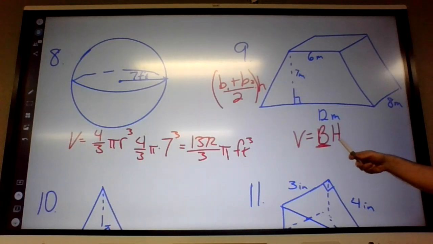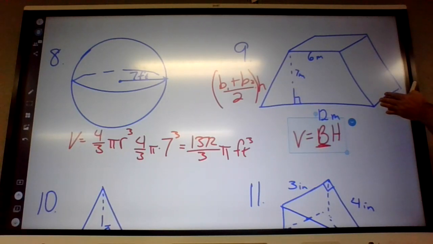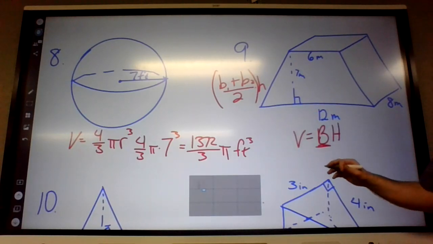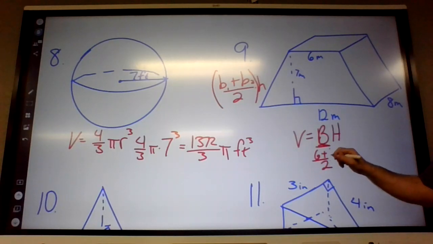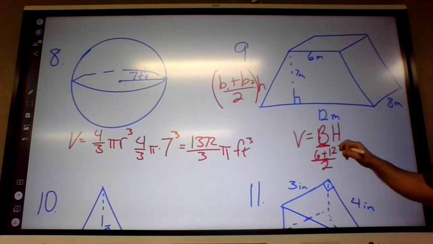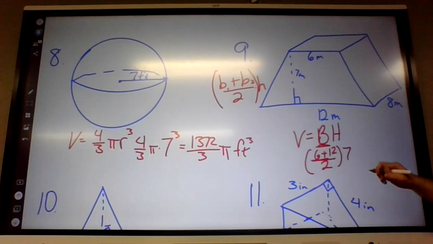Capital H right here means the height of the prism itself, which would be this one. So what she said was 6 plus 12 divided by 2 times 7.